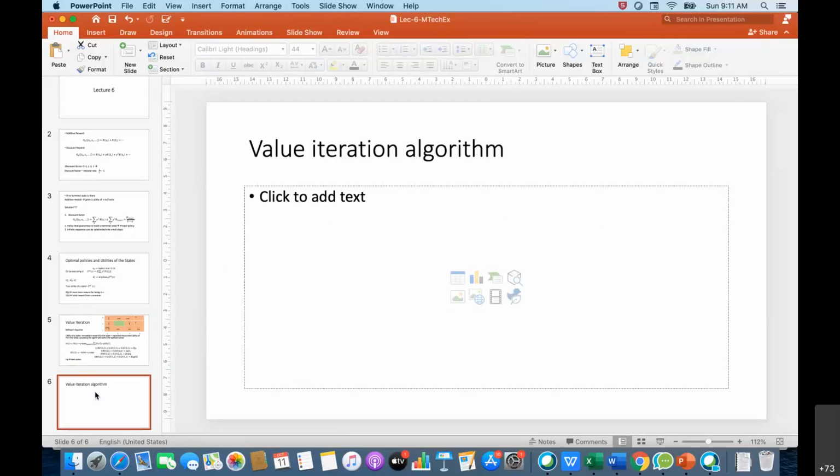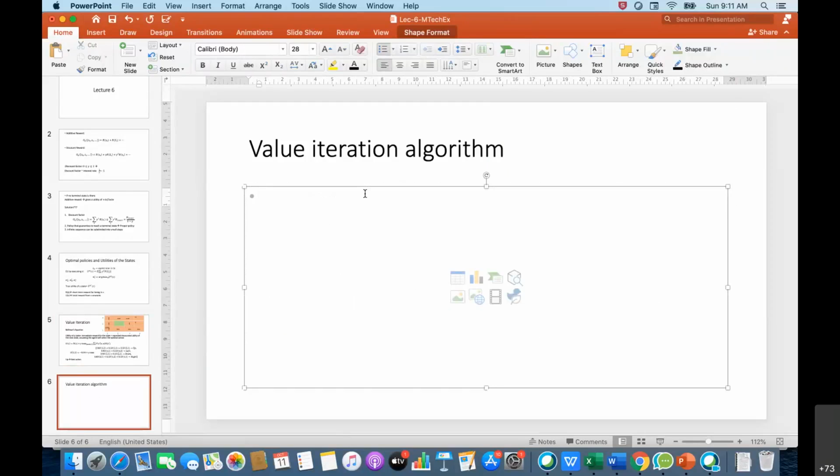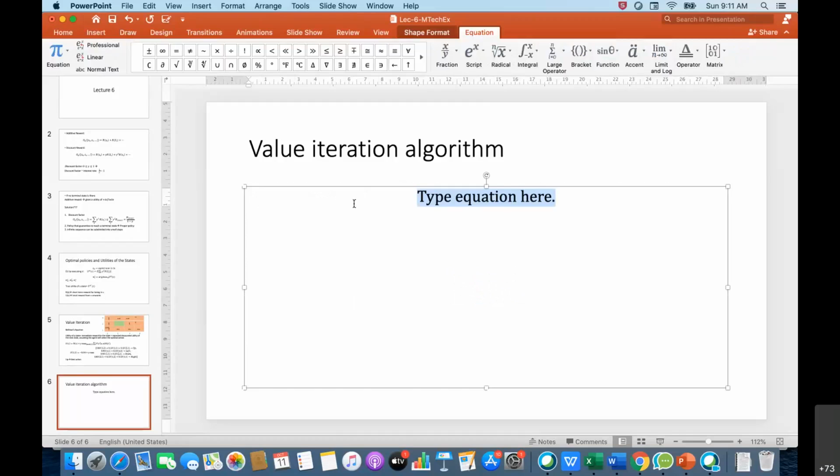Now, let's say we denote u_i as the utility value of a state s in iteration i.